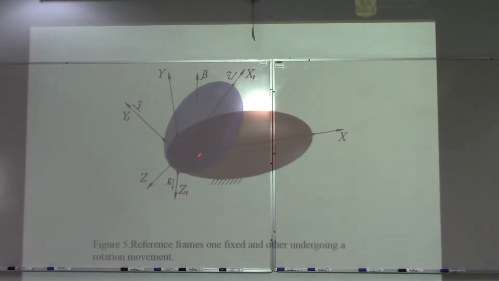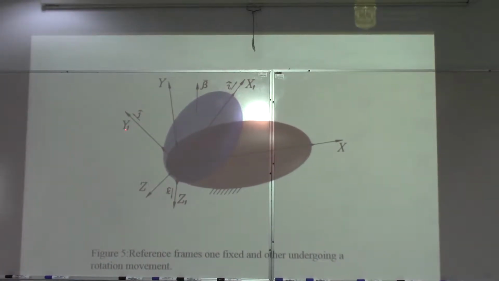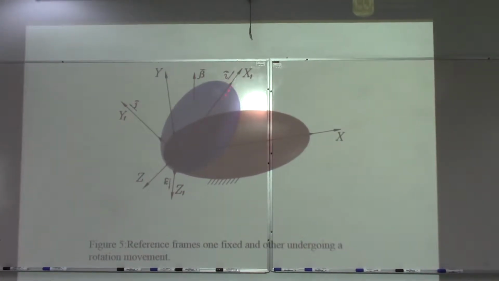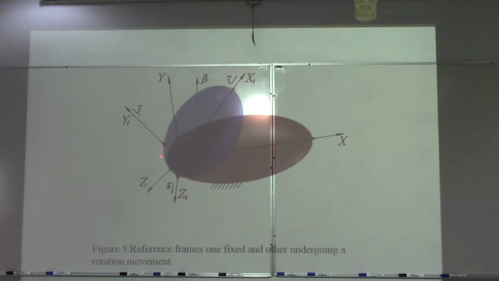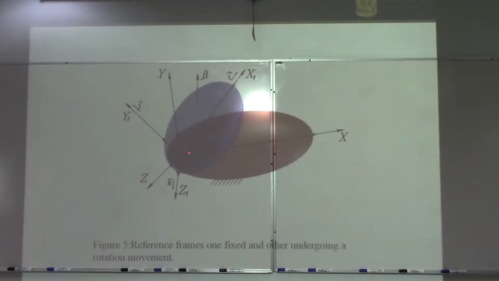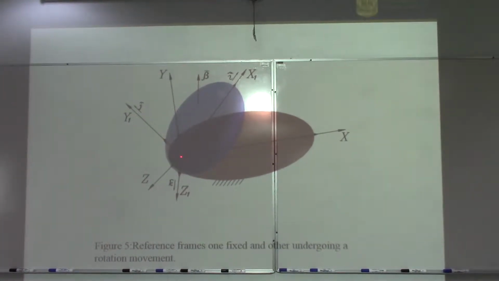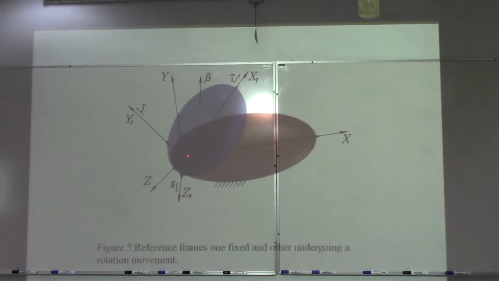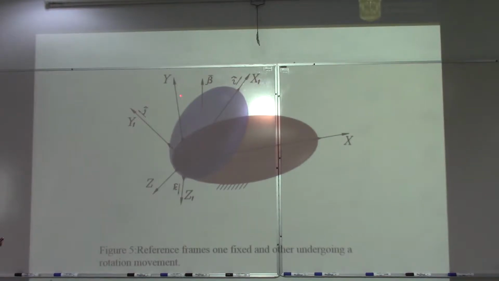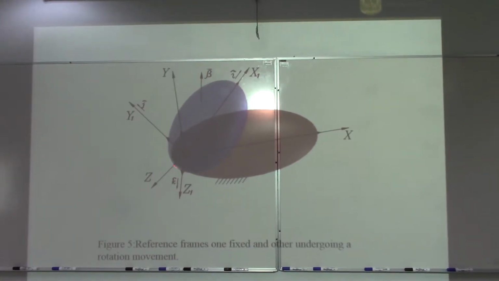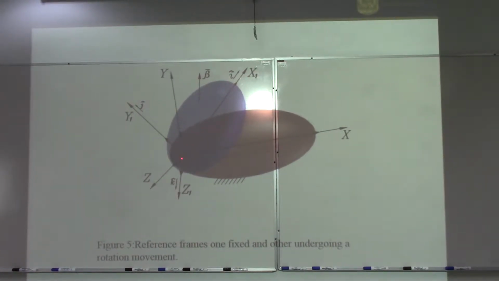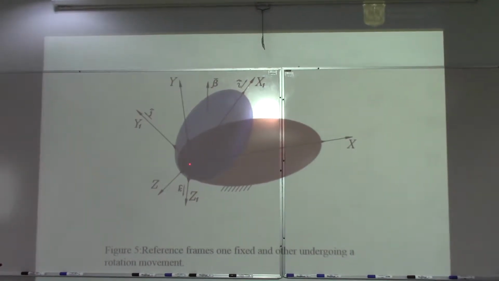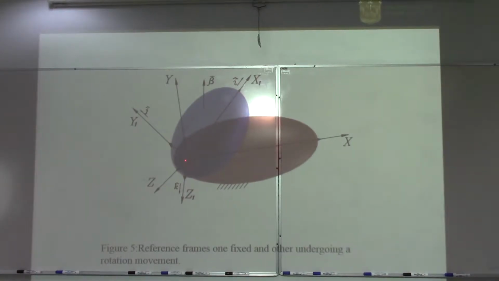It should be noted that the axes x1, y1, and z1 are fixed to the moving body, and the movement of the body and also of the reference frame is rotation around the fixed point O. In what follows, we are only going to consider rotations around a fixed axis, but these results can also be generalized to a reference frame subjected to a rotational movement around a fixed point O.